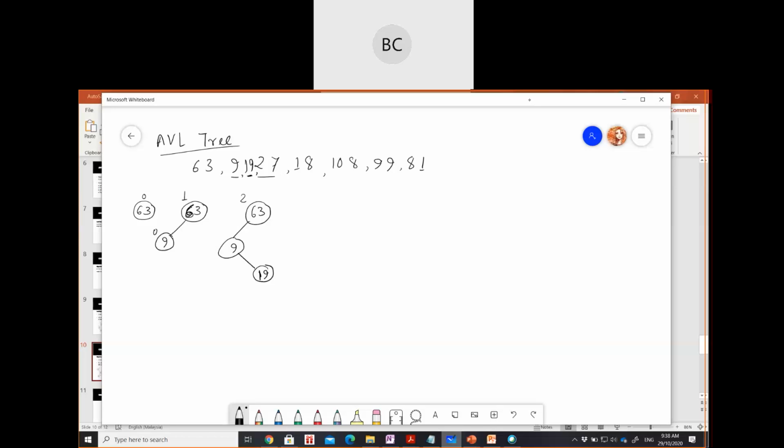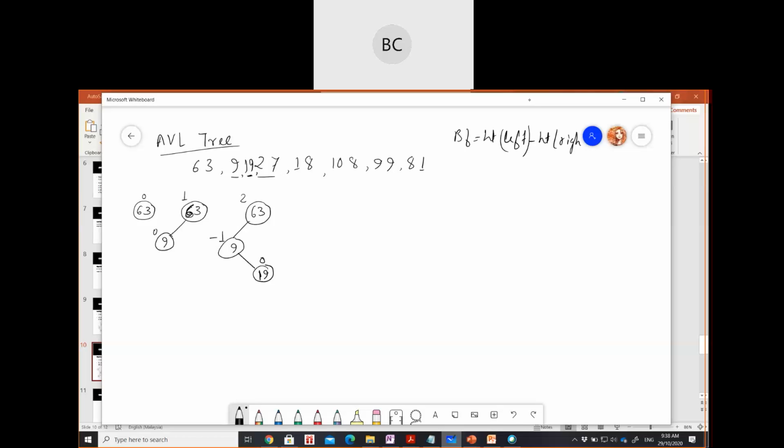Balance factor means height of left minus height of right. Correct? So height of left means 1, 2, so 2 minus 0 is 2. So at this point, the balance factor for 63 is 2. For 9, it's 0 minus 1. It's minus 1. And it's 0.